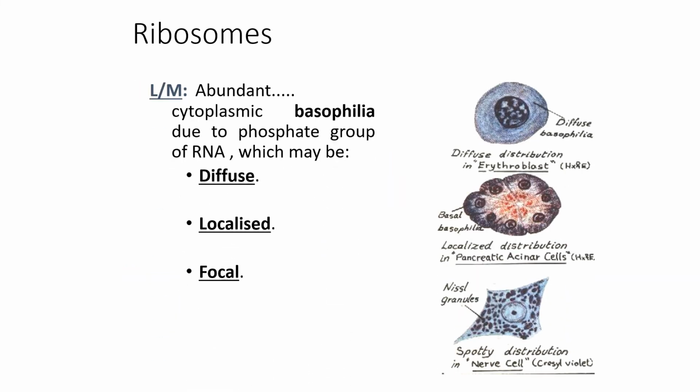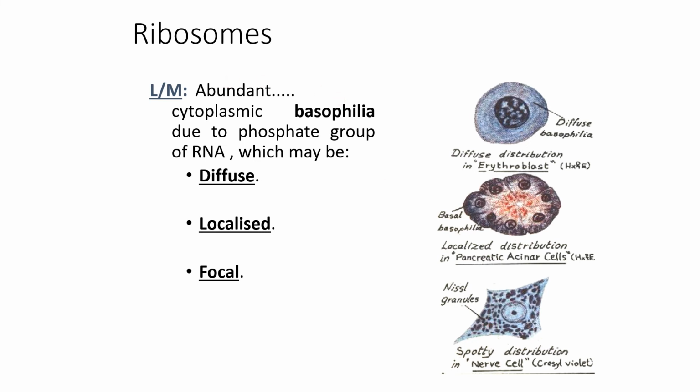By light microscope, it causes basophilia. Why? Due to the presence of the phosphate group, which is negatively charged, stained by a positively charged stain, which is hematoxylin. This basophilia may be diffuse, as in precursors of blood cells, may be localized, as at the base of the cells of the pancreatic acini, or may be focal, forming what are called Nissl granules in the nerve cell.